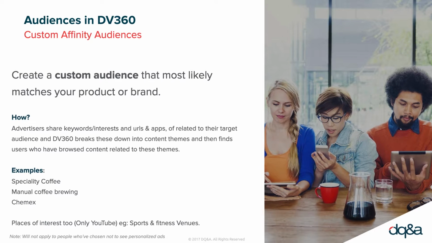Then DV360 breaks these down into content themes and finds users who have browsed similar content related to these themes. For example, if you want to build a specialty coffee segment, you could insert manual coffee brewing or Chemex keywords. You can also include places of interest, and this only applies to YouTube. For example, you could include users that frequent sports and fitness venues.